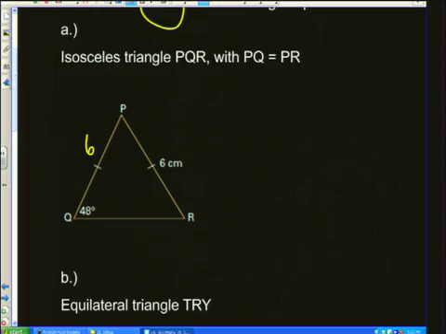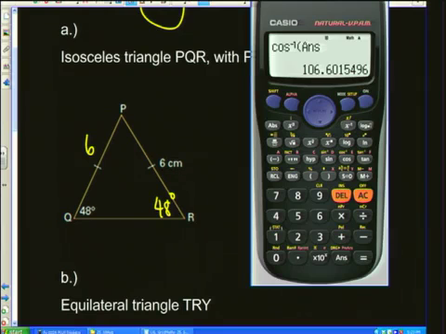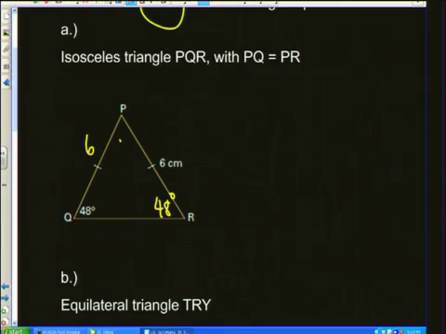If it's isosceles, then the angles opposite the equal sides are equal, so that's 48. And we then have that double 48 is 96. So therefore your apex angle is 180 minus 96, which gives us 84. So this angle is 84.